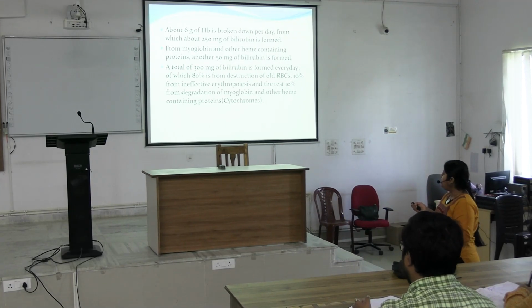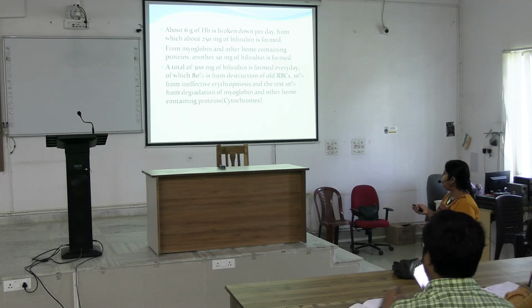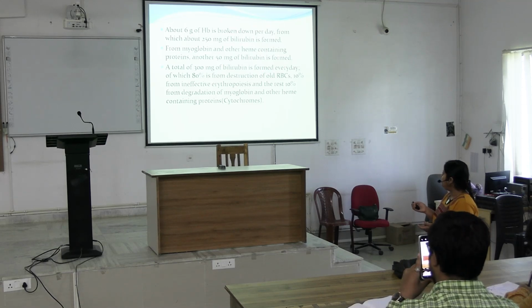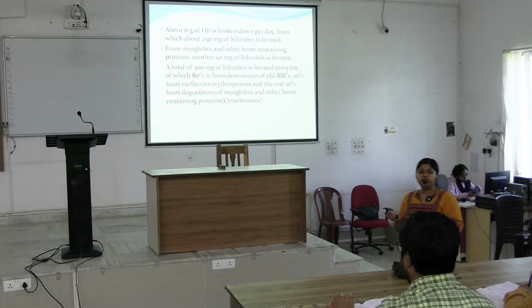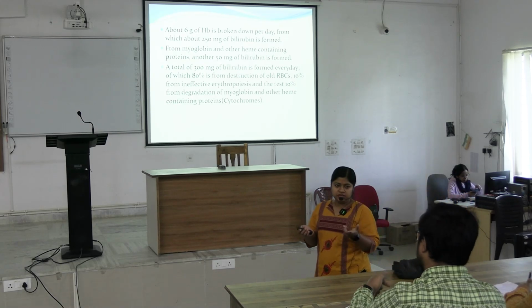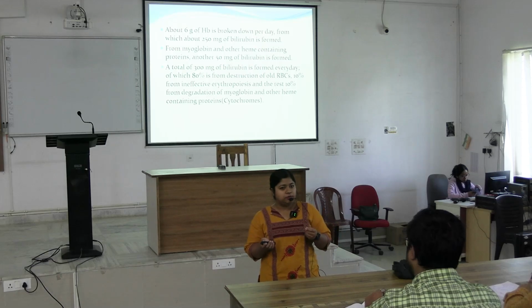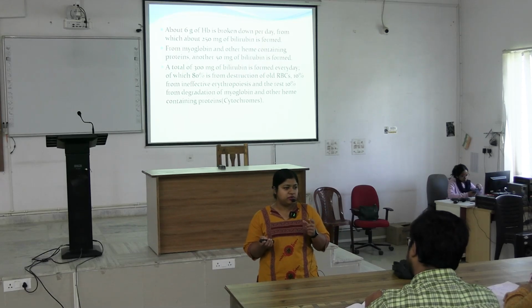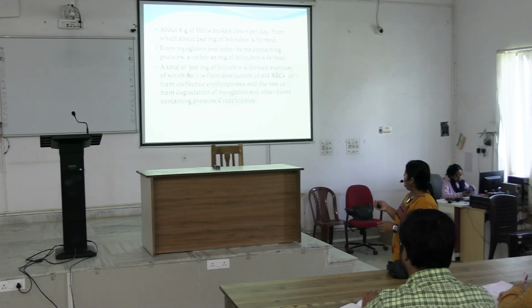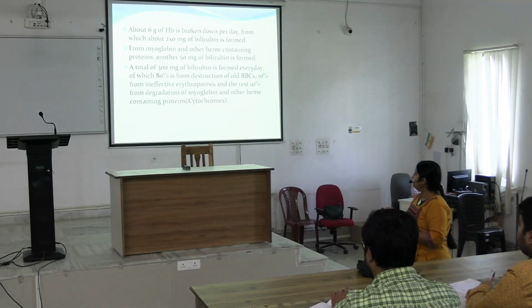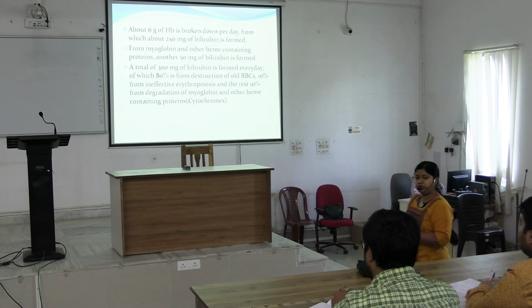So total 300 milligram of bilirubin is formed every day, of which 80% is from old RBCs, 10% is from ineffective erythropoiesis, and the other 10% comes from degradation of myoglobin and cytochrome proteins. Ineffective erythropoiesis means that during formation of RBCs in bone marrow, if there are any deformities, that RBC gets discarded, and its heme takes part in formation of bilirubin.